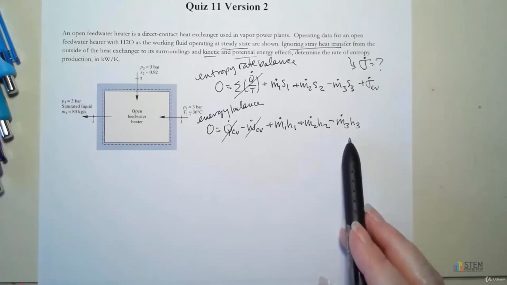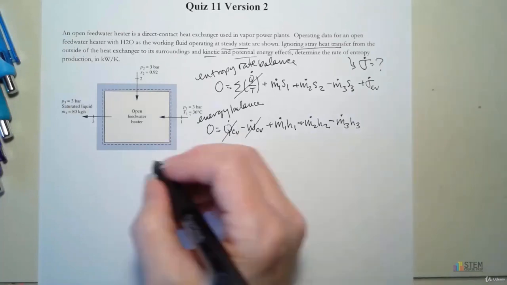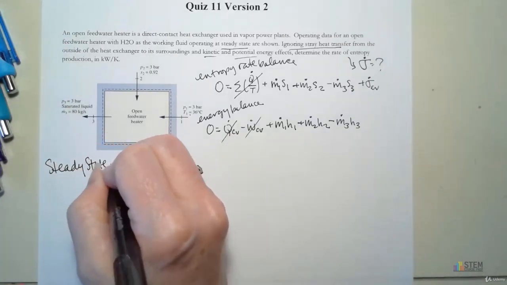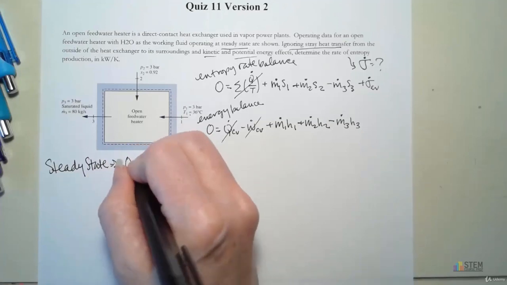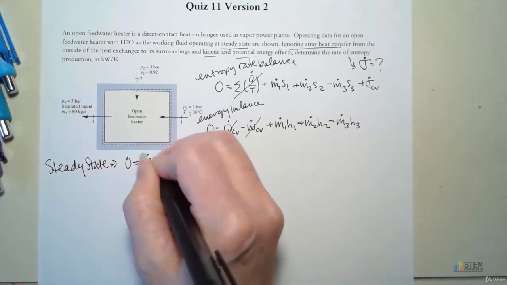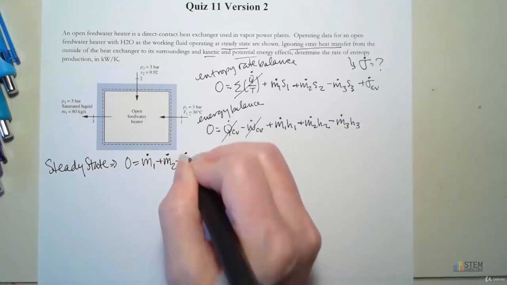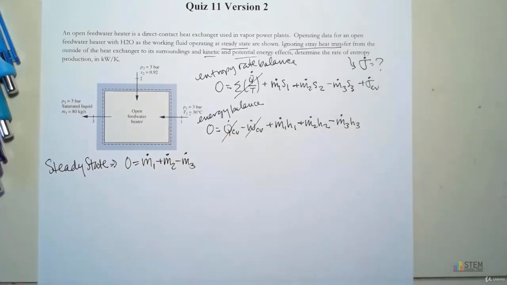Now we've got this expression here. Now remember that we also have steady state data shown, so that gives us a relationship between the mass flow rates. If it's steady state, then we know 0 has to be equal to m1 dot plus m2 dot minus m3 dot. That gives us that relationship as well.